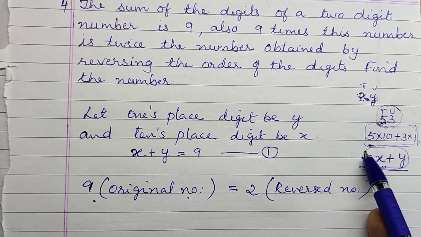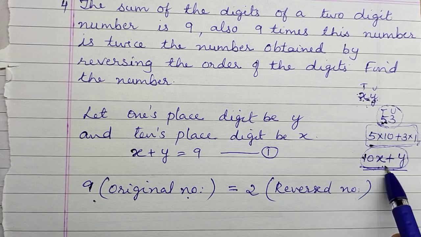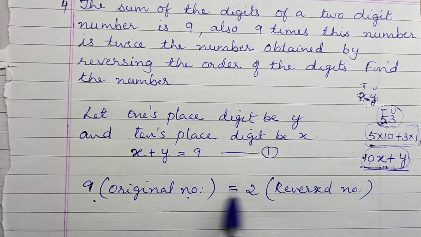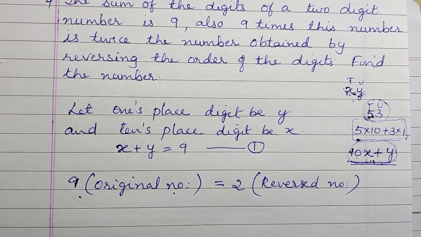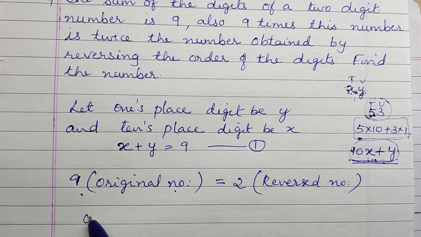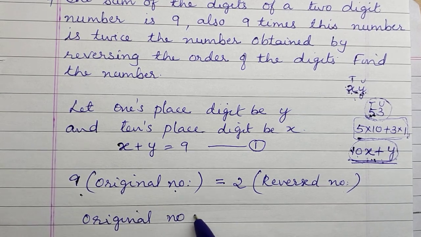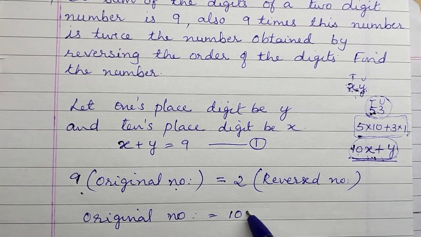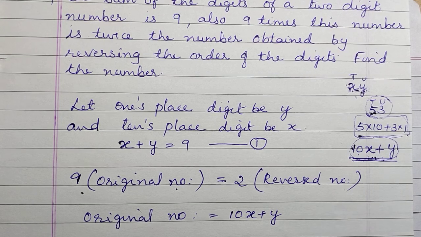So the original number is 10x plus y. If xy is given, then when yx comes, it is 10y plus x. So you should have a clear concept of the reversed number and the original number. The original number, whenever you write it, you have to write in the expanded form, that is 10x plus y.